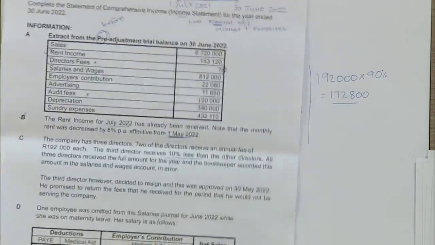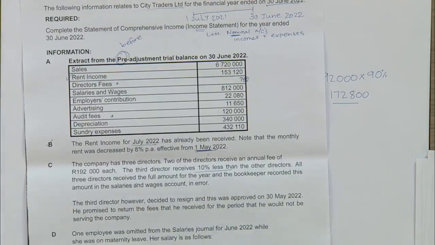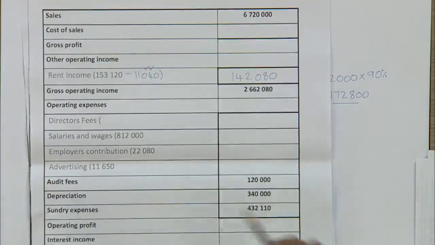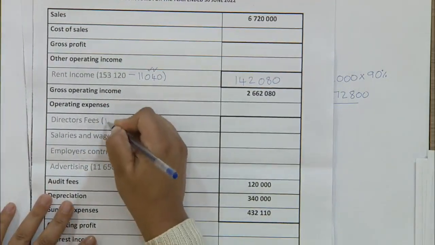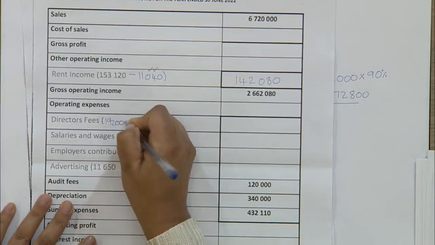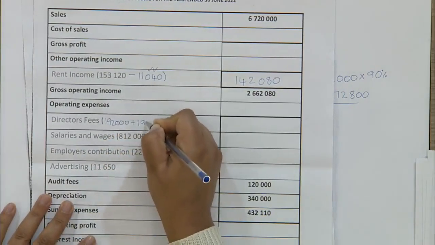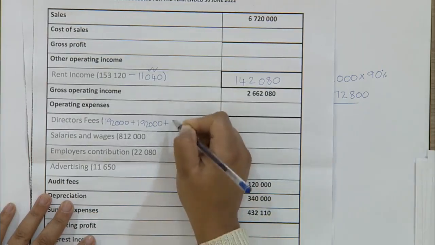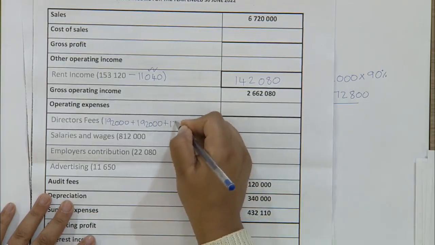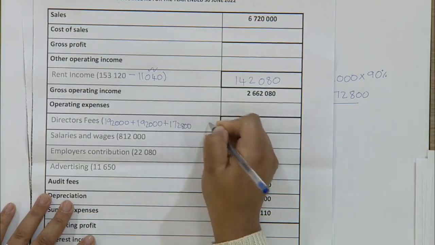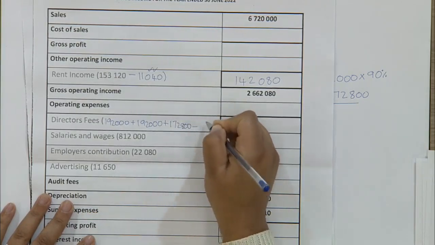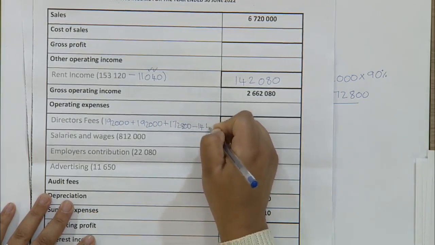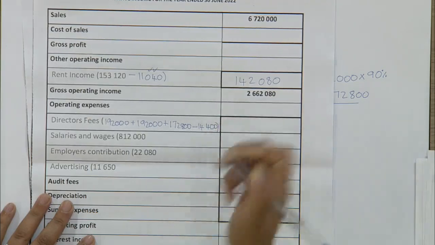So what would our director's fees amount look like in our income statement? We're going to say 192,000 plus 192,000 plus the full amount that he earned, 172,800, minus the amount of 14,400.